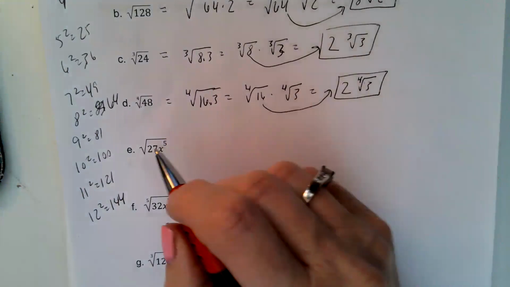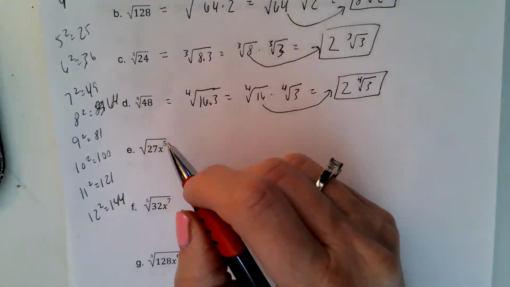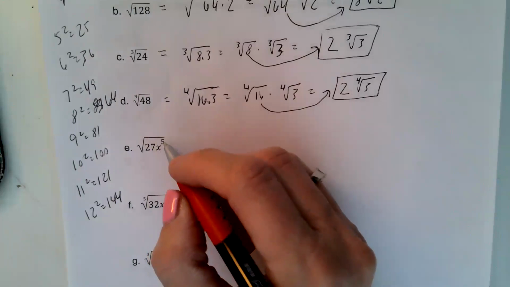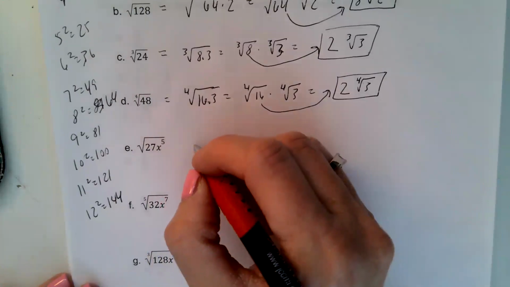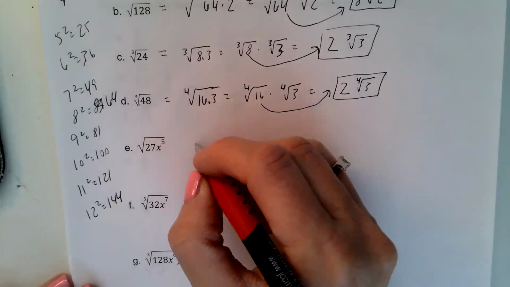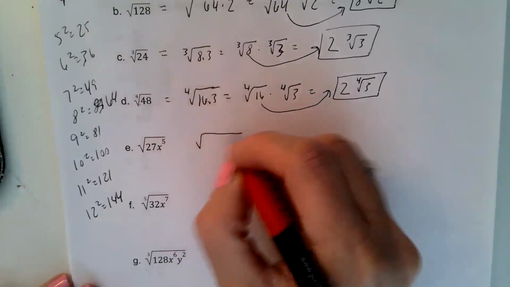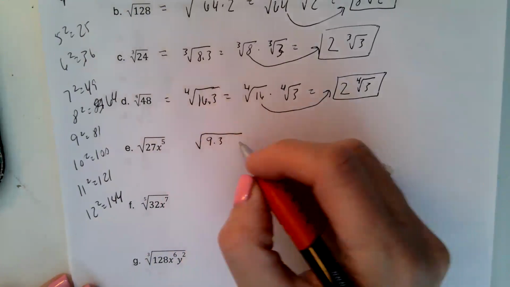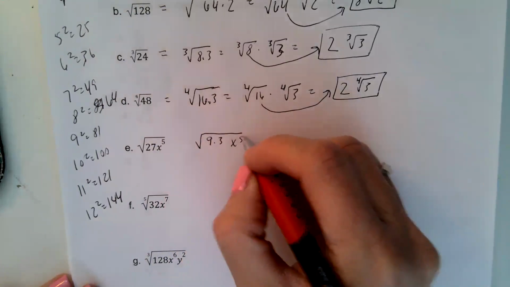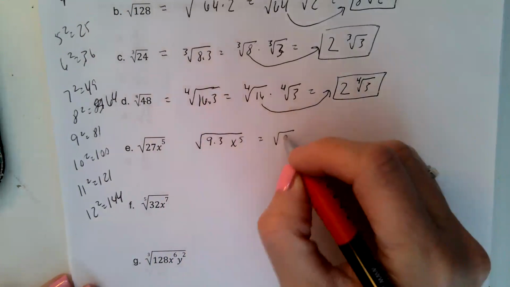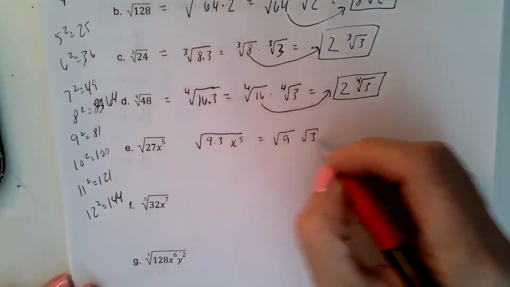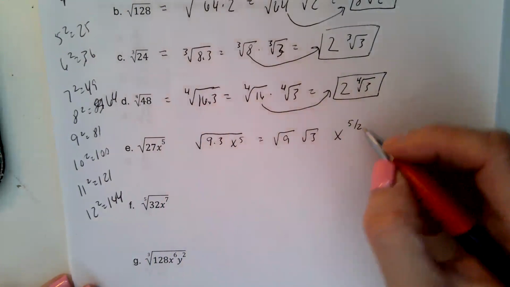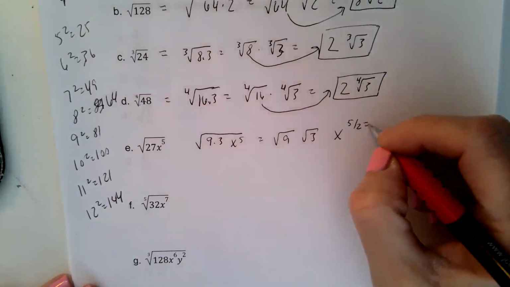Okay, now we've got some more complicated ones. We've got the square root of 27 times x to the 5th. So I've got the square root of 9 times 3, and I did that because I know the square root of 9, and then x to the 5th. So the square root of 9, the square root of 3, and then I'm going to write x to the 5th as 5 halves because that's easier.